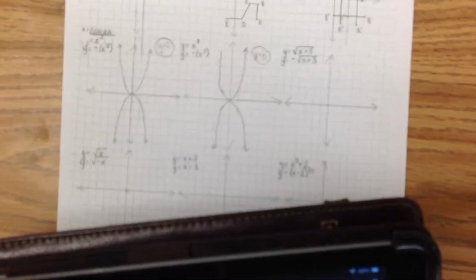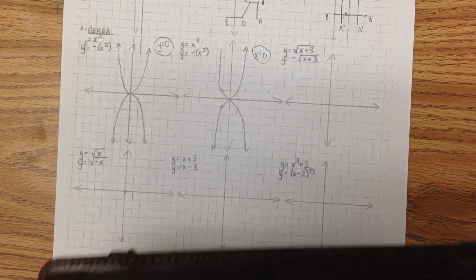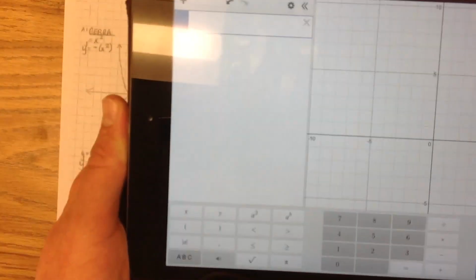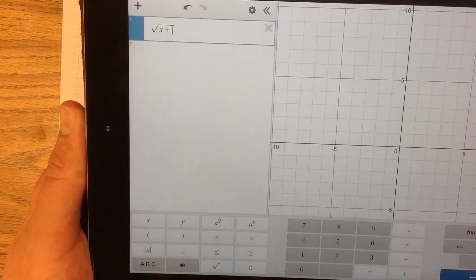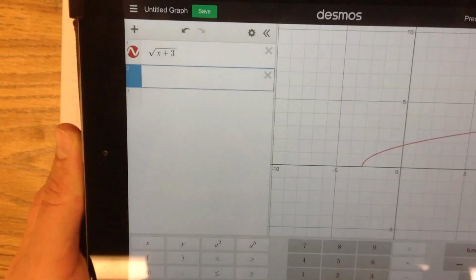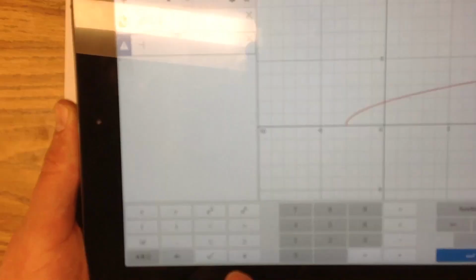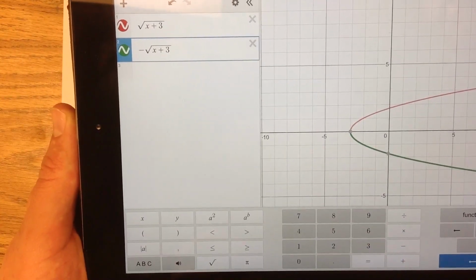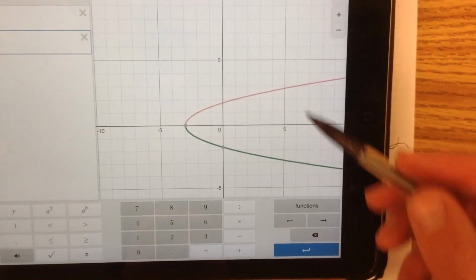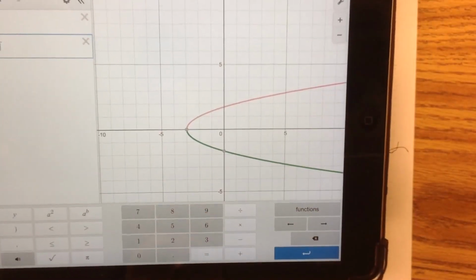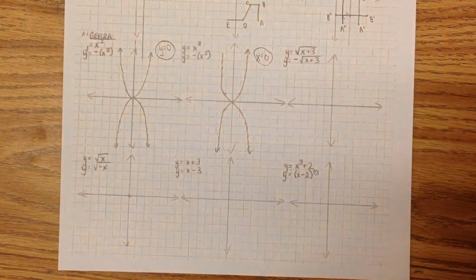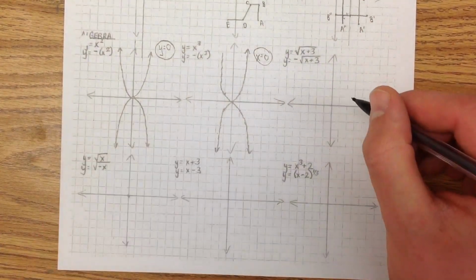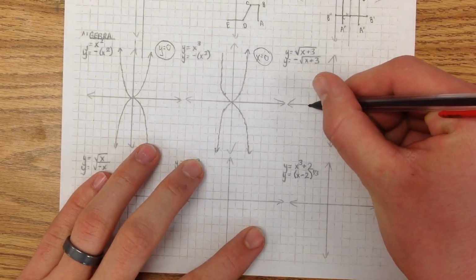Next one, square root of x plus 3 and negative square root of x plus 3. So looking at this, how do I get from the red line to the green line? That one again reflected over the x-axis. So that's the line y equals 0. And it's 3 this direction.